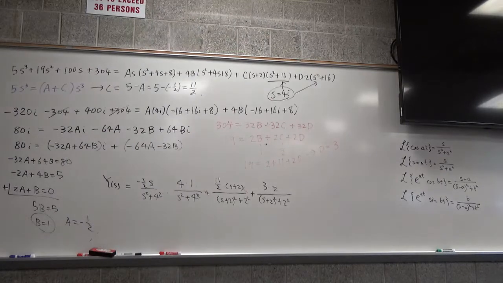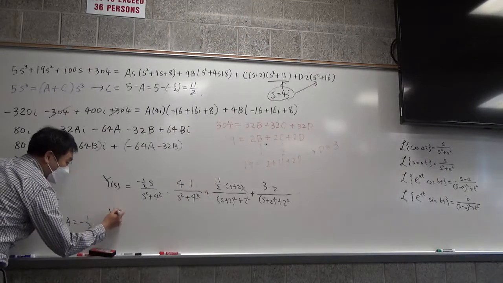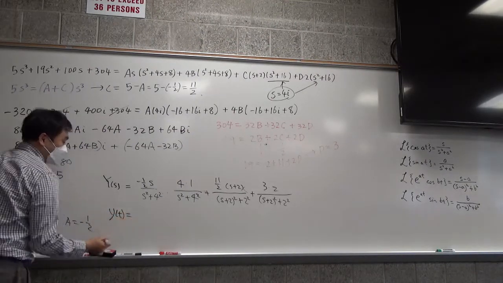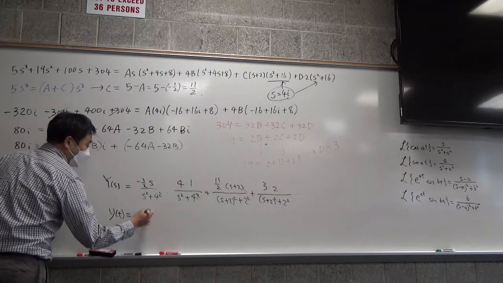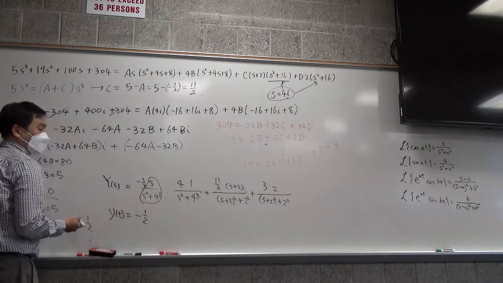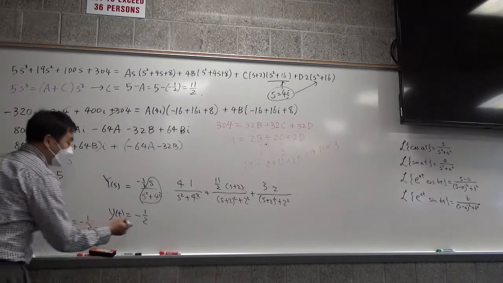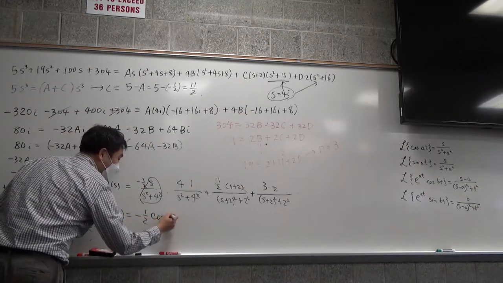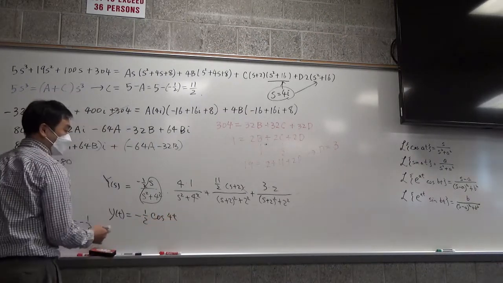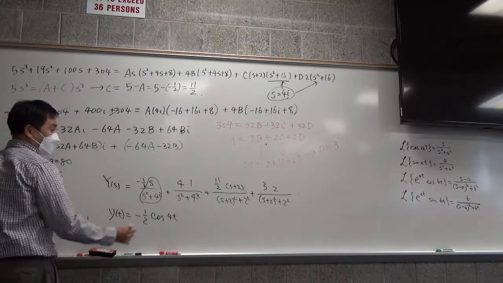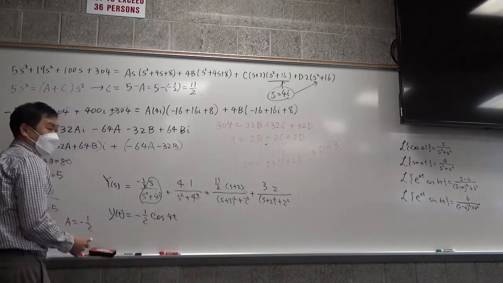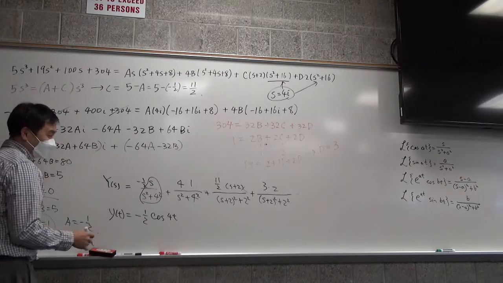Okay. From this, what's the function y(t)? Negative 1/2. What's this much? Cosine 4t, yes. This is plus. How about this one? Oh, that's a little tricky.